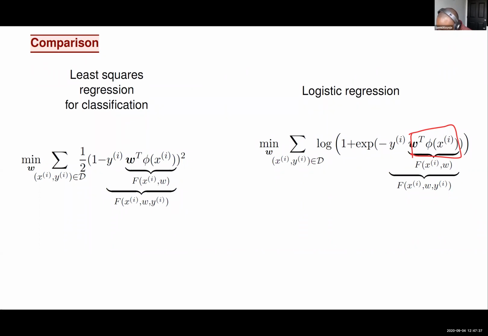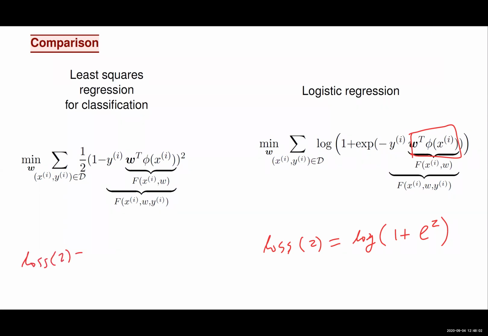In particular, our loss function takes the form log of 1 plus e to the minus z. Whereas here we had the loss function equal to one half of (1 minus z) squared. This should be 2.